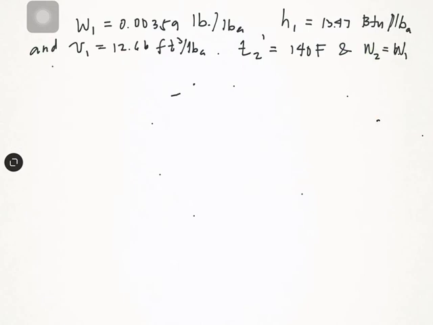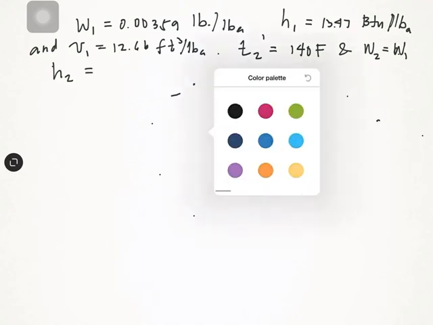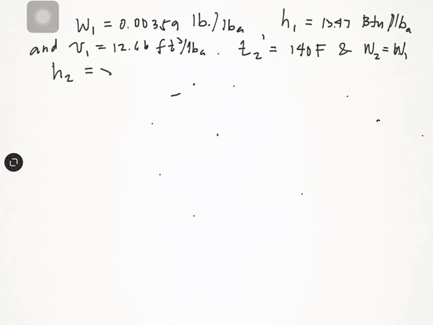And H2, using the psychrometric chart again, you have 37.7 BTU per pound mass of air.